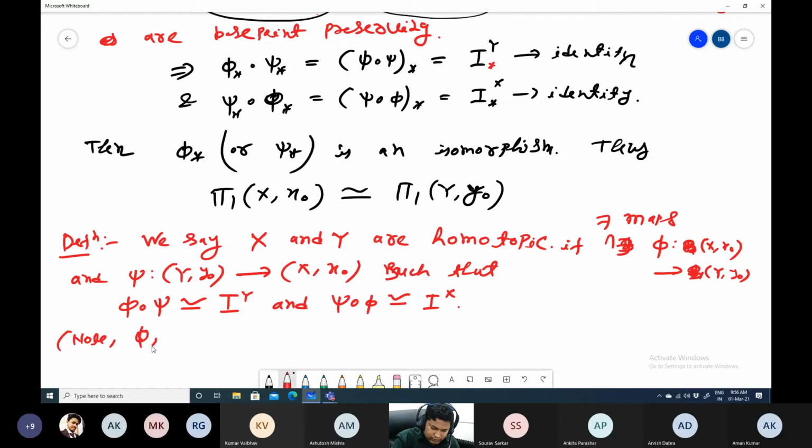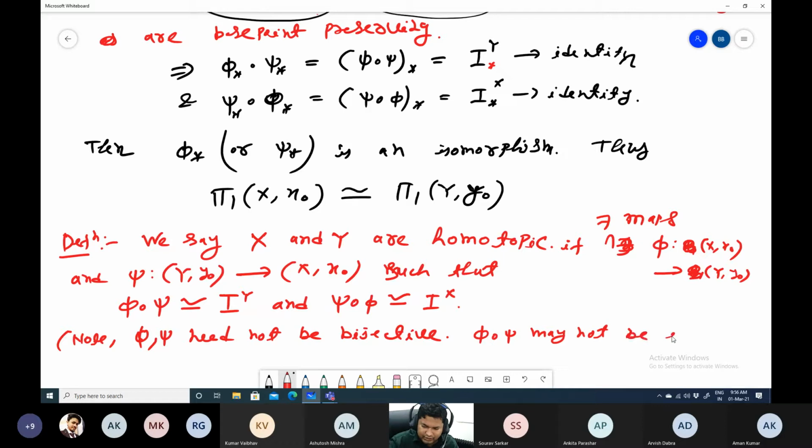Note that phi and psi need not be bijective, and their composition may not be identity.